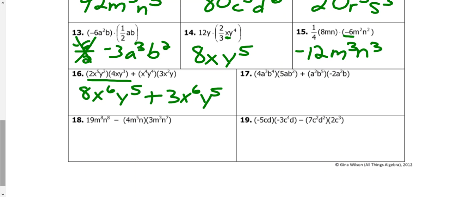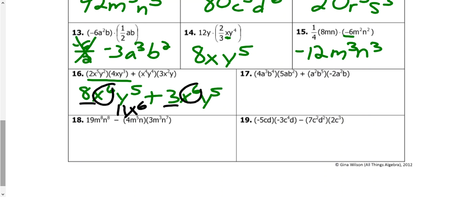Now when we add these, remember when we add coefficients that have exponents, we only combine the ones that are the same. So we have 8 plus 3, that gives us 11. We have x to the 6th right here, and x to the 6th there, so we can carry that with it.